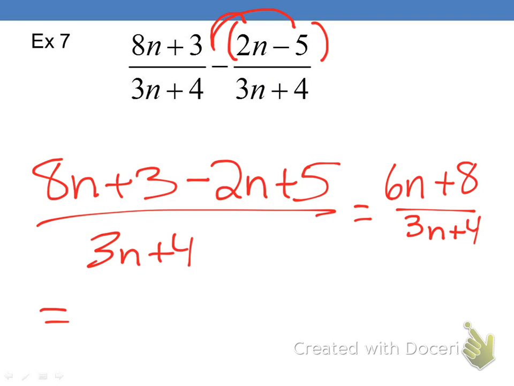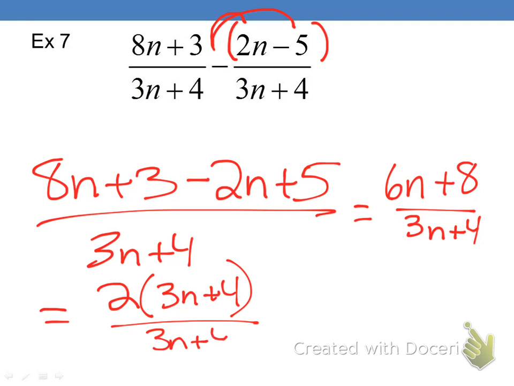How did you get a 2? Where'd the 2 come from? Take out a 2 from the top. So you can divide each of them by 2 and write a 2 in the front because it's the GCF. So that would leave me with 3n plus 4 all over 3n plus 4. Which is 2.